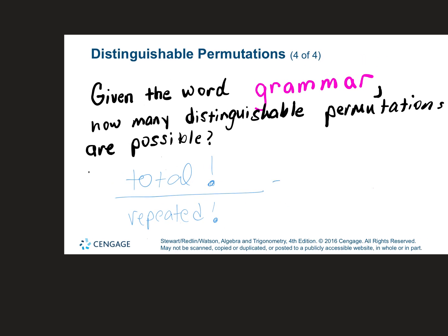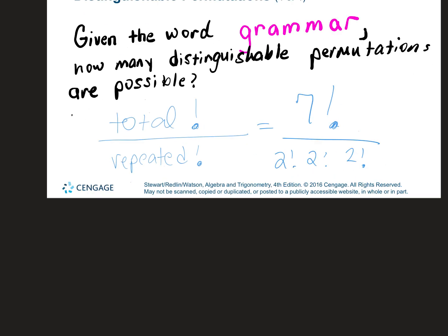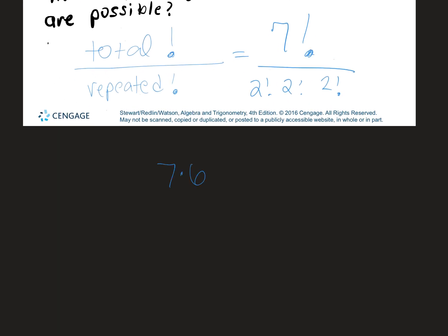So 7 factorial over, what's repeated? R, how many times? So 2 factorial. Then what else? M twice. Then what else? A twice. So you could do that in your calculator. 7 factorial means 7 times 6 times 5 times 4 times 3 times 2 times 1, right? And then 2 factorial just means 2 times 1, 2 times 1, 2 times 1.